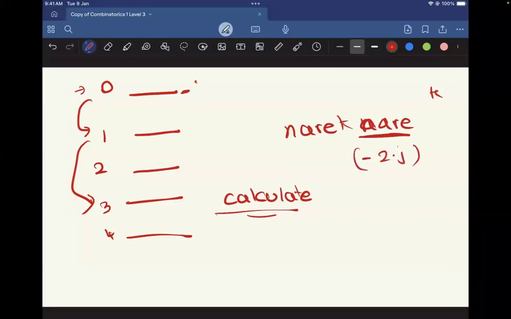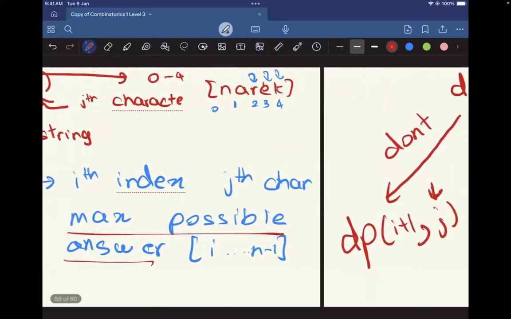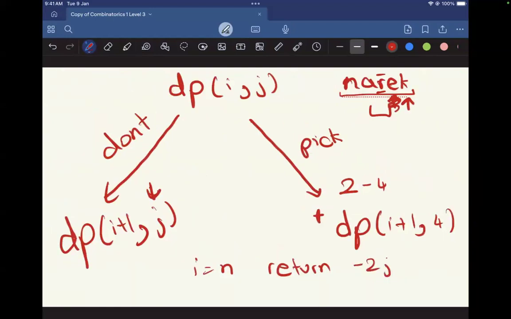Yes or no? Because these characters become redundant. Yes or no, guys? Tell me. In the end, I know how many characters I have not used. So when I is equal to n, I just return minus 2j.